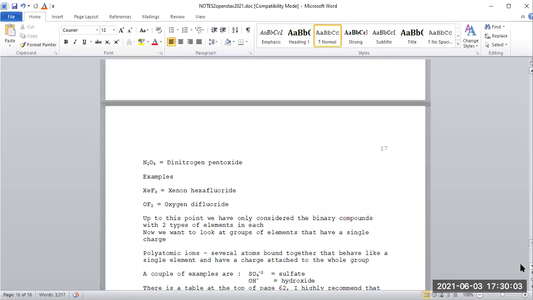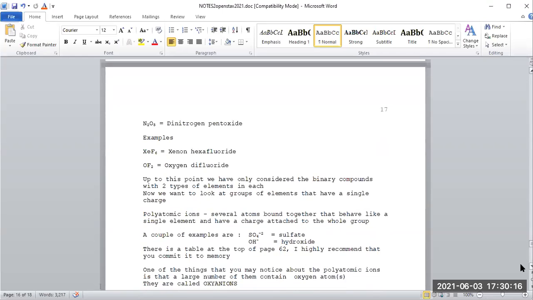Here is one of the few molecules that you will see that actually contains a noble gas. We have xenon on the front of this molecule. Xenon's a nonmetal. XeF6, xenon hexafluoride. Here's a less common molecule, oxygen difluoride. 1 oxygen, 2 fluorines.